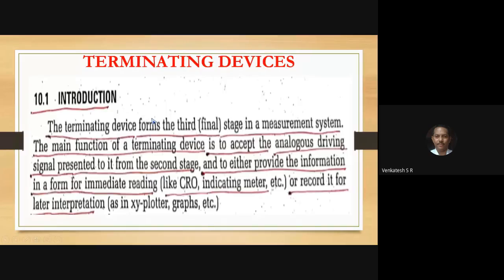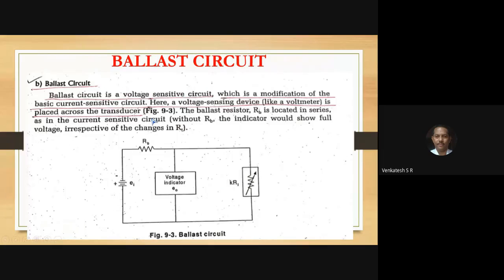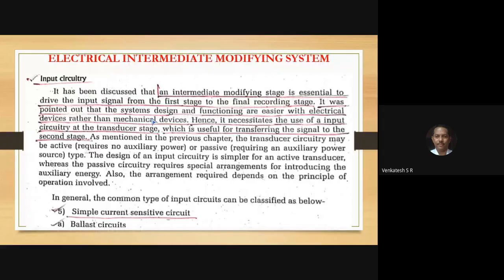Before that, all of you write down the question. Explain briefly, in bracket, write down circuit. Close the bracket.